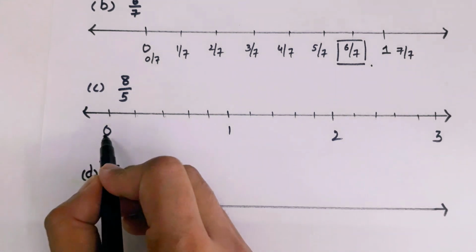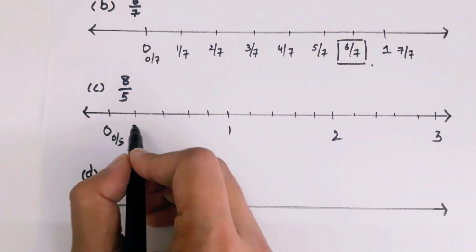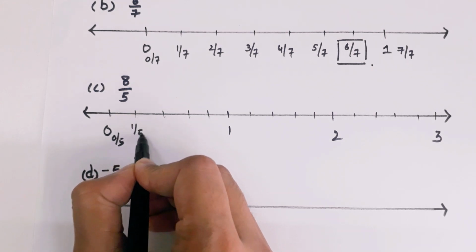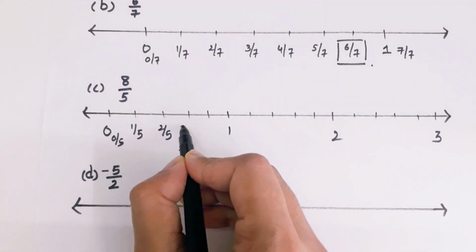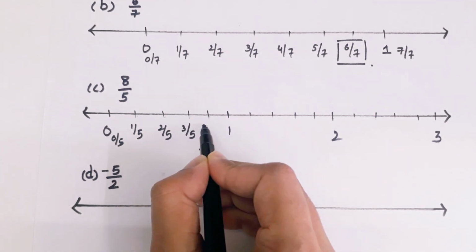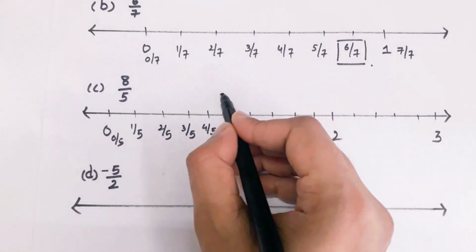So here the first one will be 0 upon 5, which we know. Second is 1 upon 5. I'll start from here, and this is 2 upon 5, 3 upon 5, this is 4 upon 5, and 1 will be 5 upon 5.